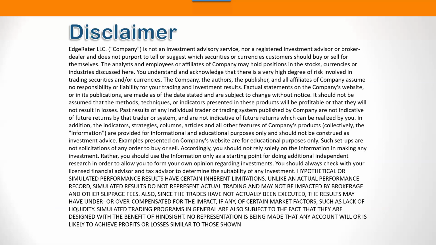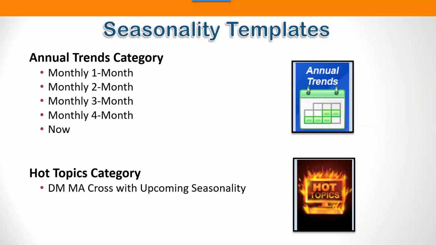And what we're going to talk about today in seasonality templates is the capability in EdgeRater for looking at stock seasonality. So the idea is basically if a stock tends to make a move during a certain month of the year or a certain period of time, not necessarily 1 month, it could be 2, 3, or 4 months, or it could be just taking a move from today, the date of today, and projecting it out by a week or 2 weeks or 3 weeks and saying, this same period in the previous X number of years, did the stock tend to move up or down?